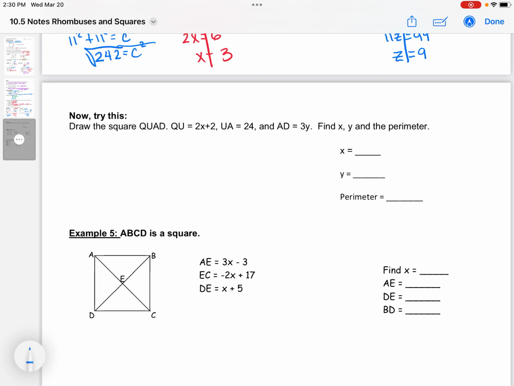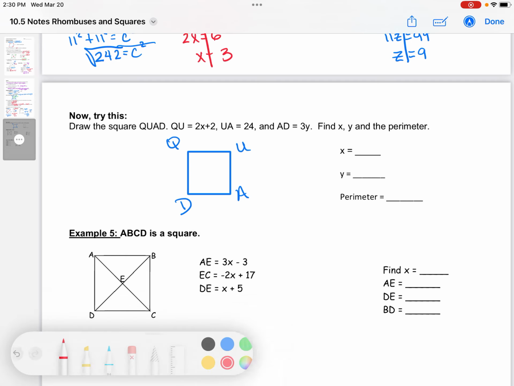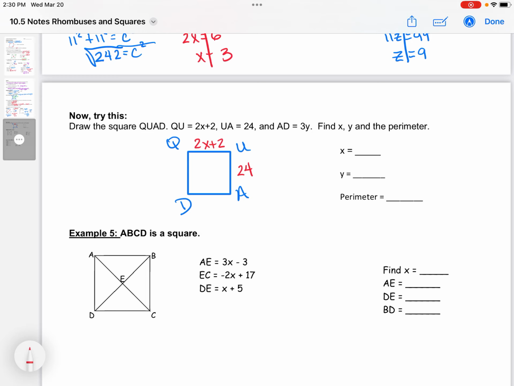All right. So let's draw a square. Q, U, A, D. All right. QU is 2x plus 2. UA is 24. AD is 3y. Okay, so I'm going to do these two sides, but all the sides are equal, right?